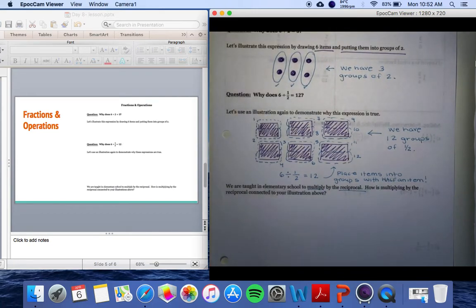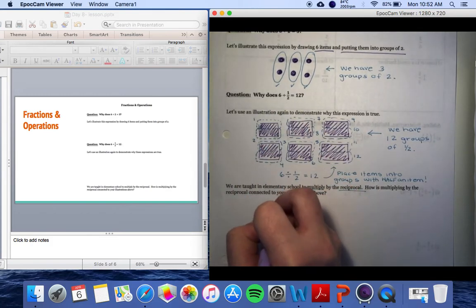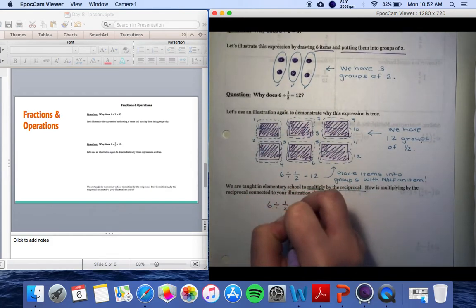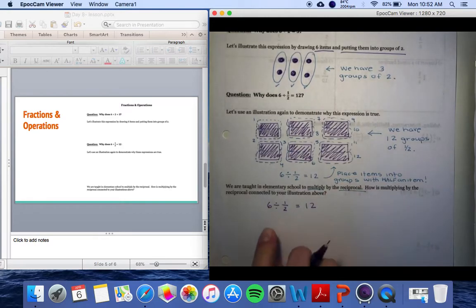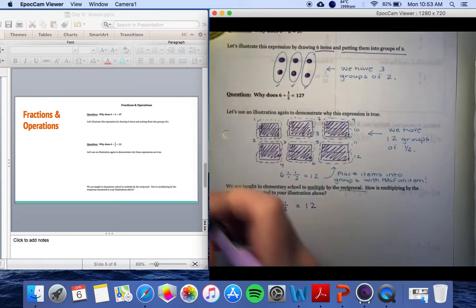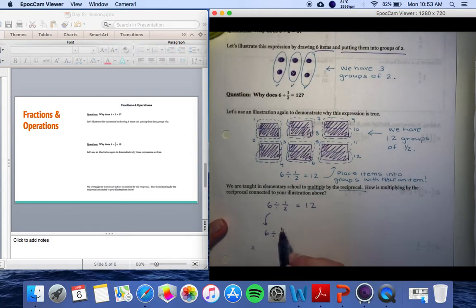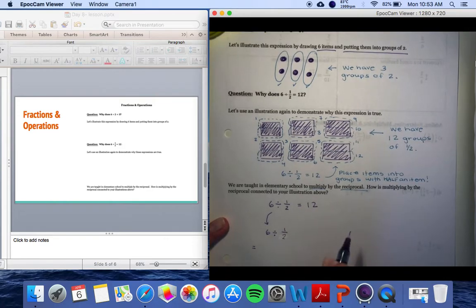So what we're going to do is, let's just rewrite the original question. So 6 divided by 1 over 2 is equal to 12. Let's work with just the left side here. So if I have 6 divided by 1 over 2, what we would do when dividing fractions, as mentioned before, is take the reciprocal of the second fraction.